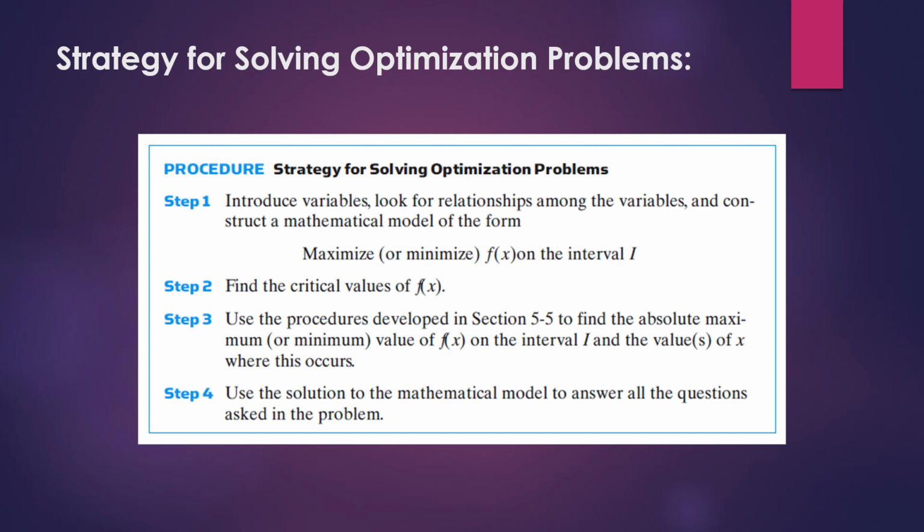The next thing that we want to do is find critical values for the function that we're trying to maximize or minimize. And then we do what we did in the absolute max, absolute min section, where we find the critical values and the endpoints of our domain, and we plug in to see which one is the maximum or minimum. And that's how we would solve our problem.